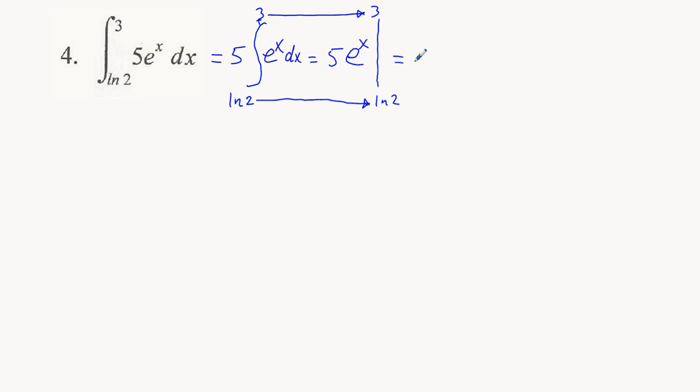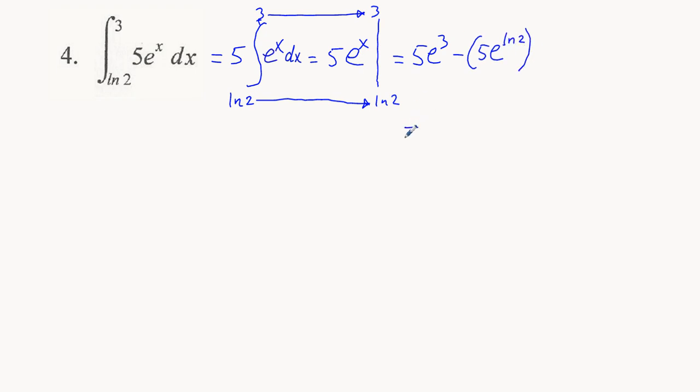we're going to have, can't forget that 5, 5 e to the power of 3, and that's going to be our big F of b, and we're going to have minus 5e to the power of natural logarithm of 2.